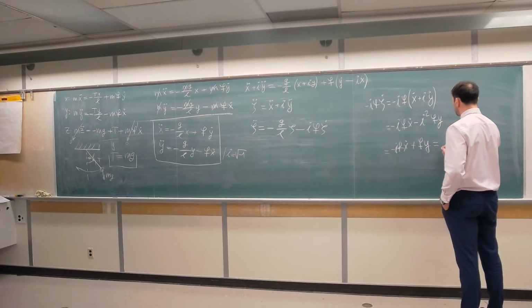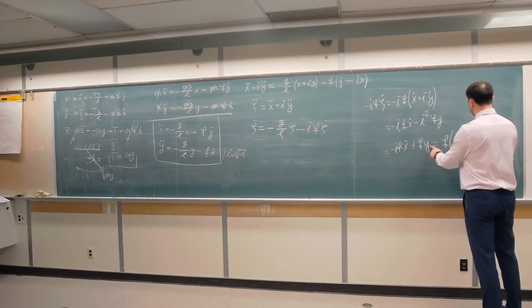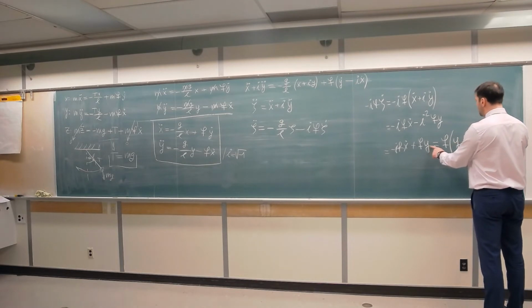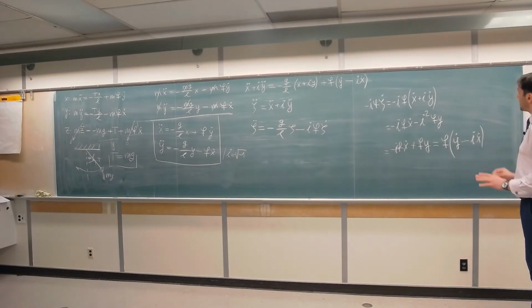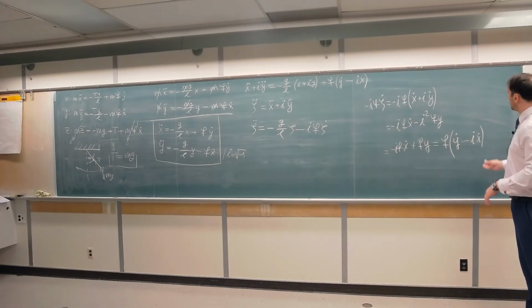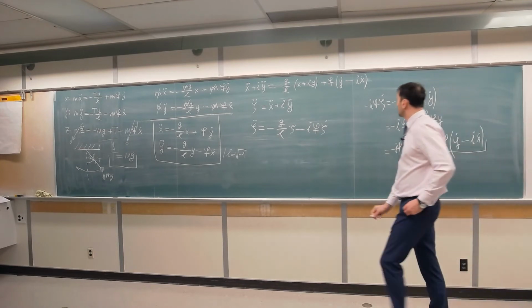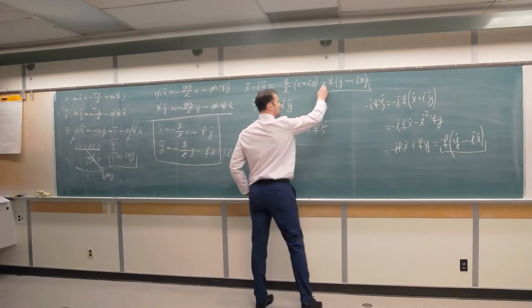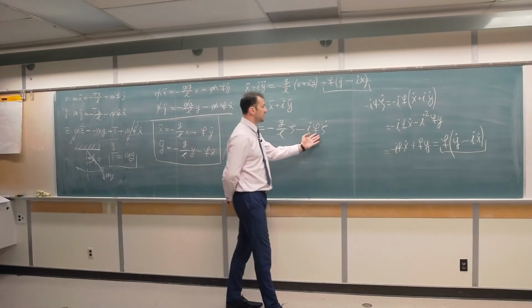And notice that if I factor out f, this will be equal to y dot minus i x dot. And I hope that you will agree with me that this over here is exactly the same as this over here, and therefore you can see that this is indeed equal to this.